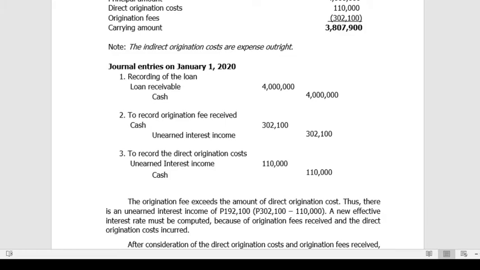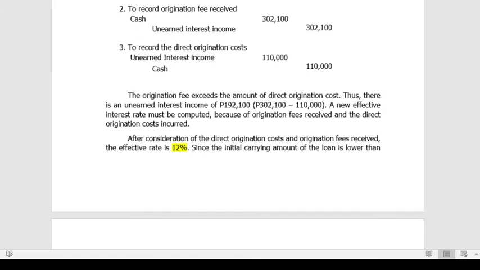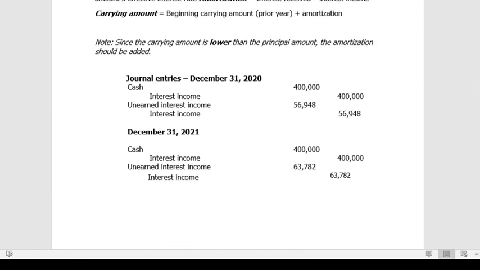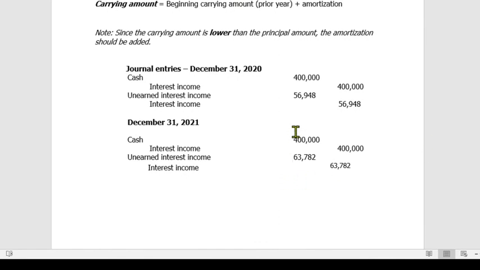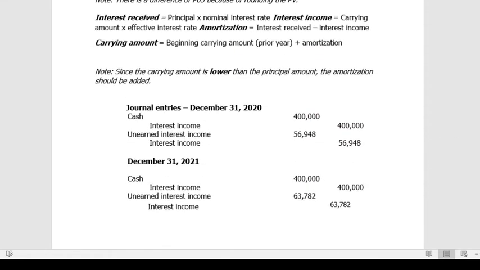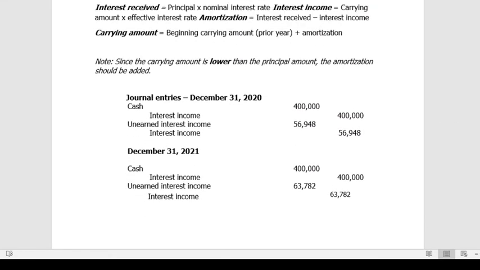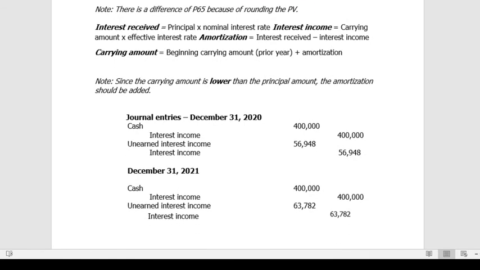So, yan ay unti-unting nililipat doon sa interest income account. Kaya nga ito, binawasan siya ng 56,948. Okay. At December 31, 2021 naman, when you receive the interest, you debit cash, you credit interest income for 100,000.